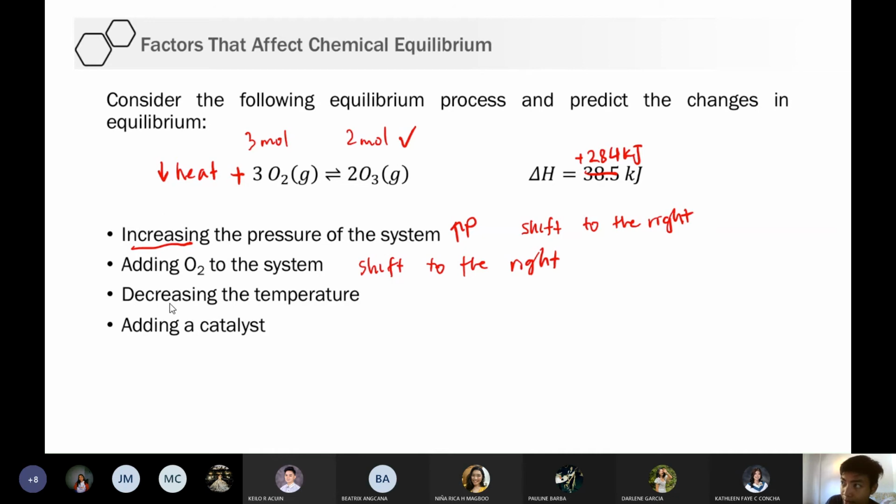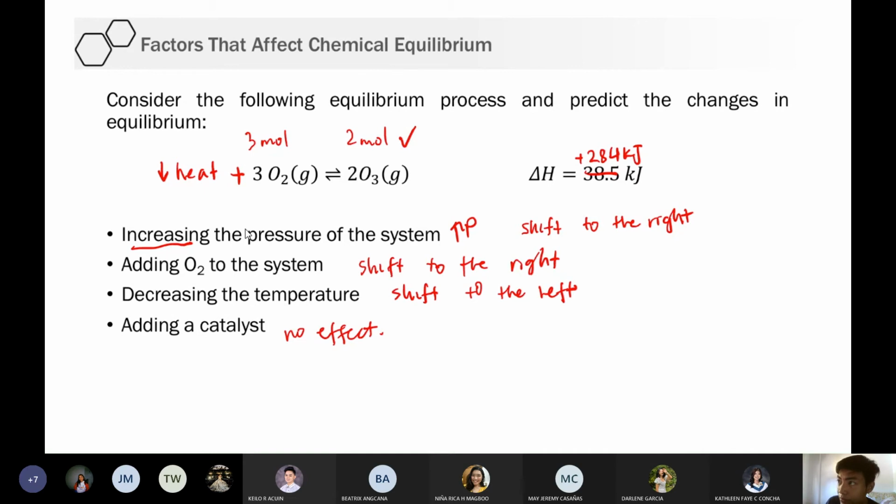So by decreasing the temperature, we decrease the amounts of the reactant, and our equilibrium will shift to the left, to balance them out. You can still use the water bucket analogy for the temperature changes. Shift to the left. And then lastly, adding a catalyst, no effect.